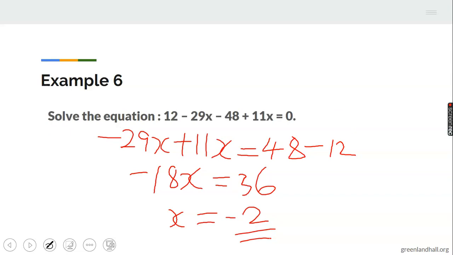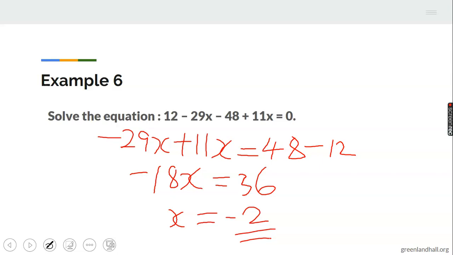Now, I want to mention something again as well. I want to expatiate on something so that you will not get me wrong. Whenever you are having the same terms, let them be on one side, the ones with letters, and the ones without letters, let them be on the other side of the equation.